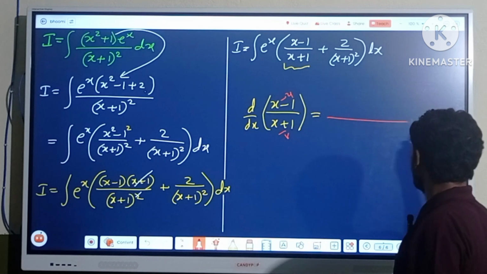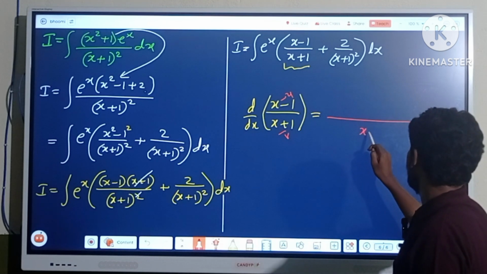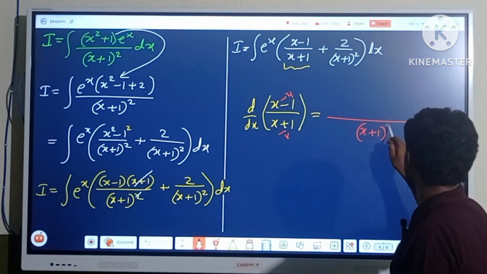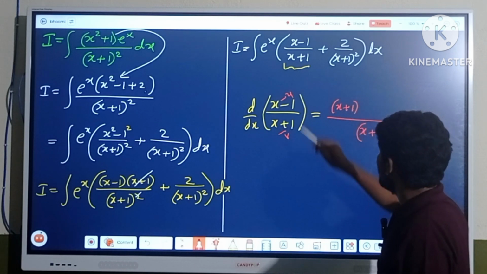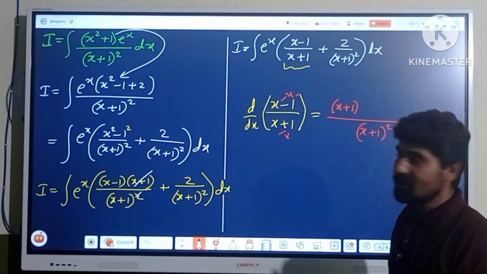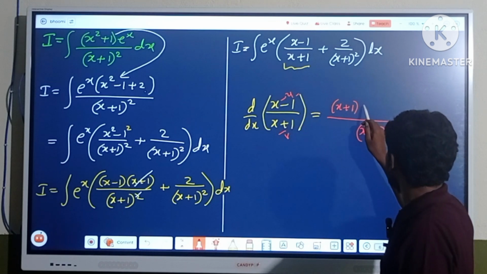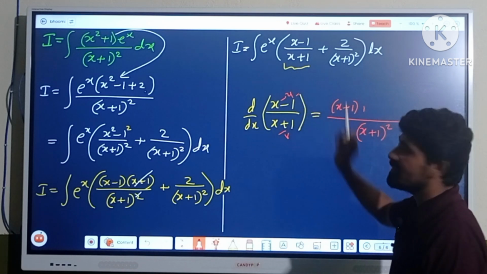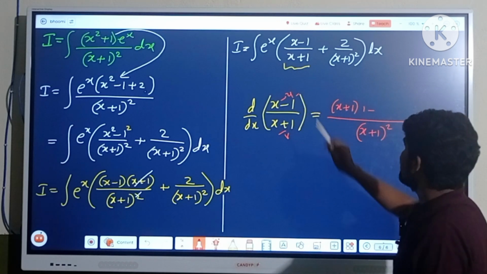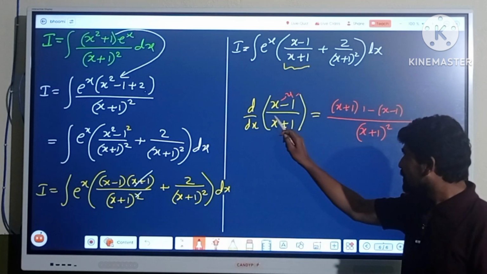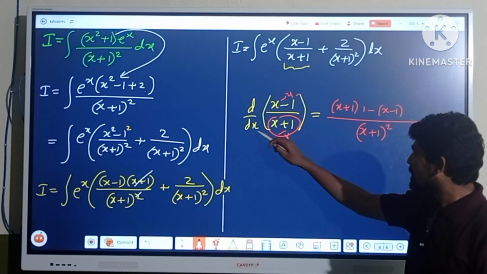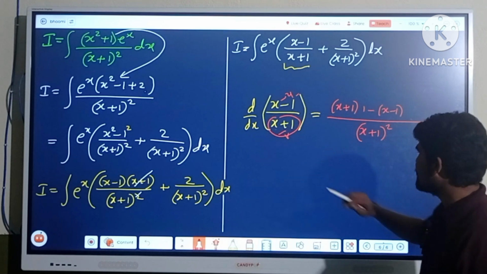We know the quotient rule: v square, meaning (x plus 1) whole square, into v as it is, x plus 1 as it is, into the derivative of u. The derivative of u with respect to x is 1 minus 0, that is nothing but 1, minus u as it is, x minus 1 as it is, into the derivative of v, the derivative of x with respect to x, 1 plus constant derivative 0.